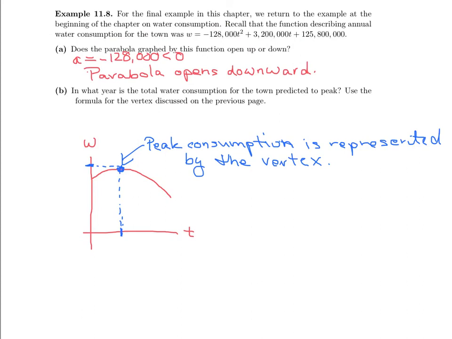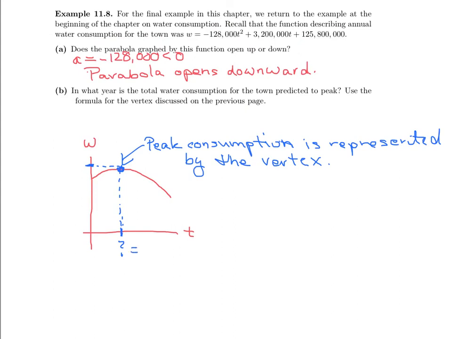Our goal is to find out in what year this peak occurs. So really what we want to know is what time. What is the value of t for which this peak occurs?